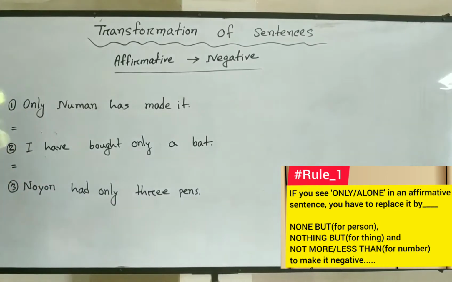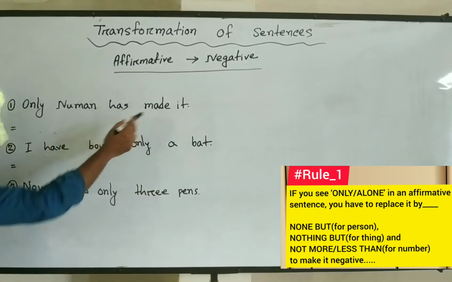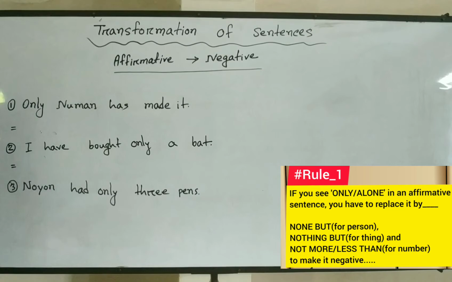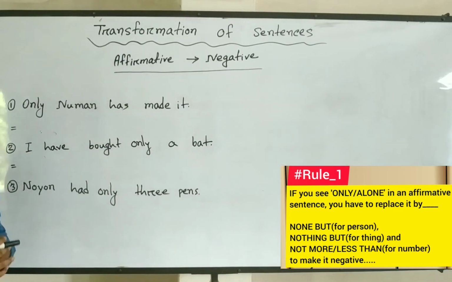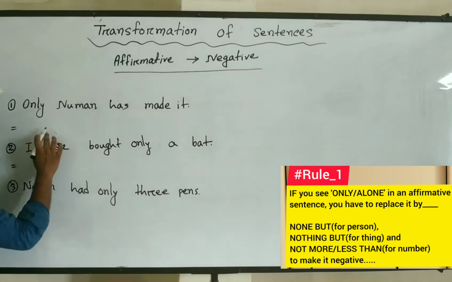Number 1, only no one has made it. Here you can see only is used before a person, no one, right? So we have to use none but instead of only according to the rule. Let's do it.